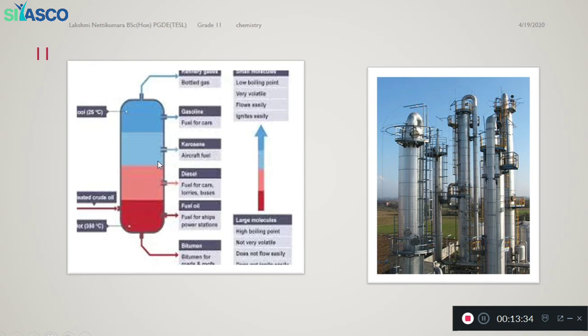At the bottom you can get the compounds of high boiling points, and they are not very volatile, so they remain in this lower part. If you go through these components given here, you can find that their boiling points are less towards the upper part.